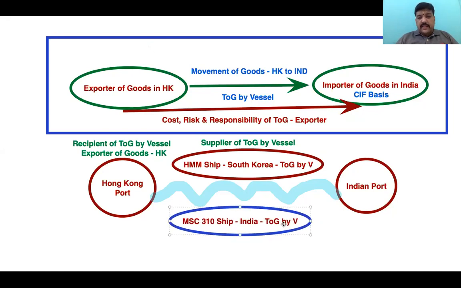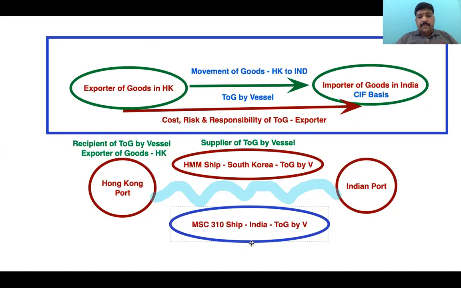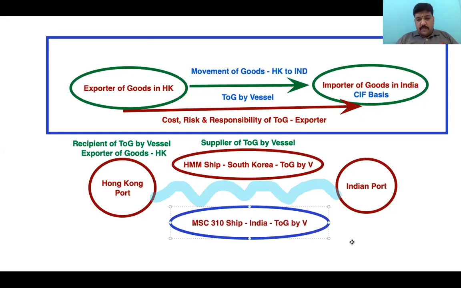MSC 310 is a ship which belongs to India, and if you are going to bring the goods by this ship, no doubt, recipient is in non-taxable territory. Supplier of service will become what? Taxable territory.